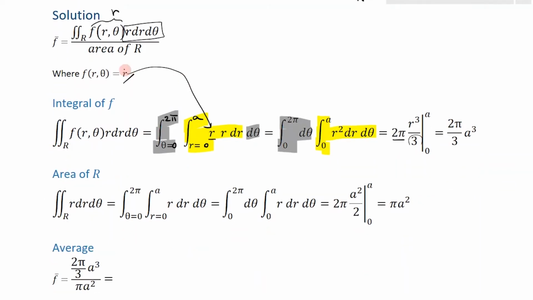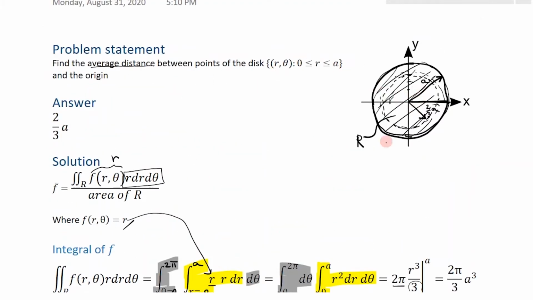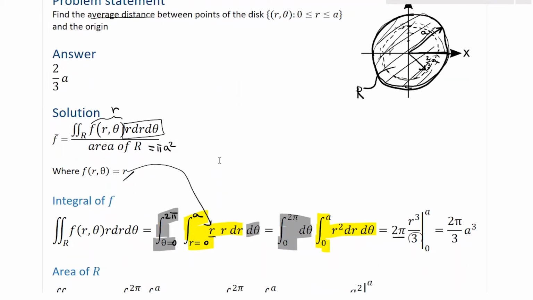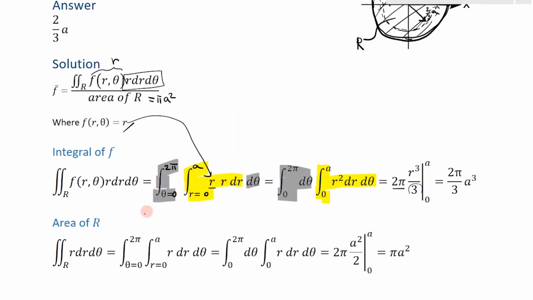Now let's find the denominator. Now, the denominator is just the area of the circle, which is equal to pi a squared. But since finding this area involves polar coordinate integration, we might as well do it to get some practice. So this is the integral.